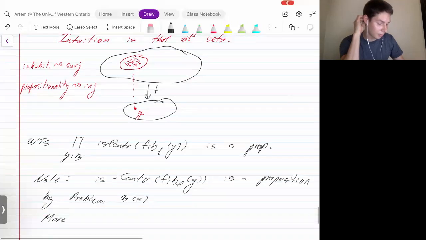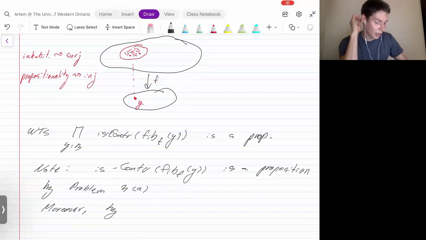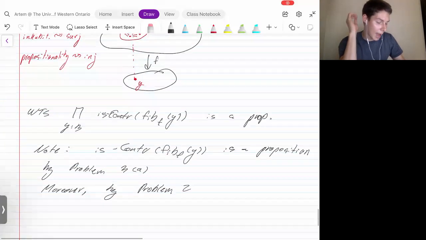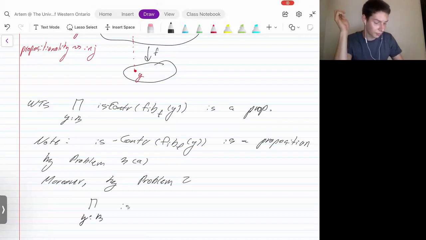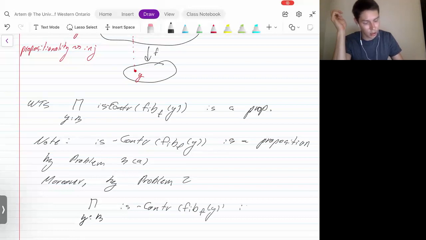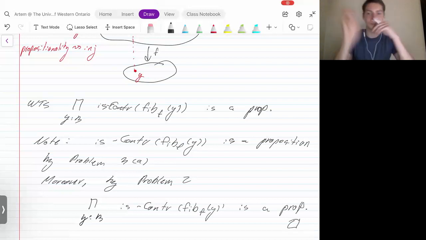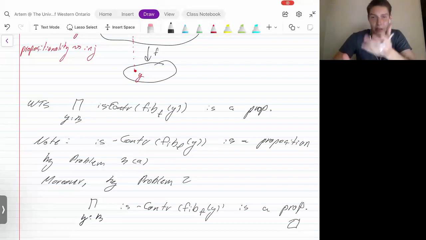Moreover, by problem 2, as pointwise, this dependent type is going to be a proposition, so is this. So y is a prop. And we are done. So actually, why does this intuition work?